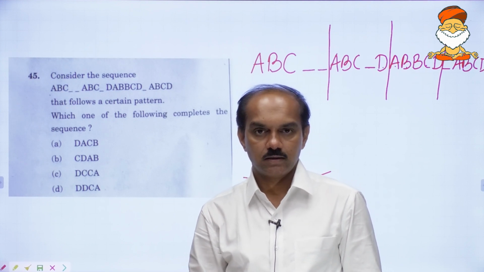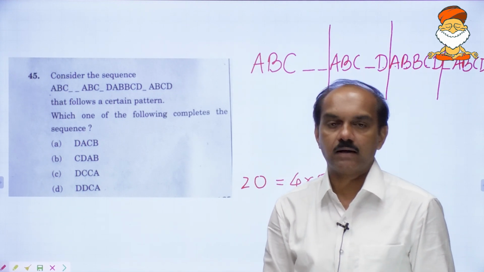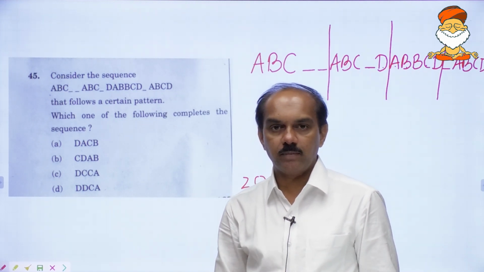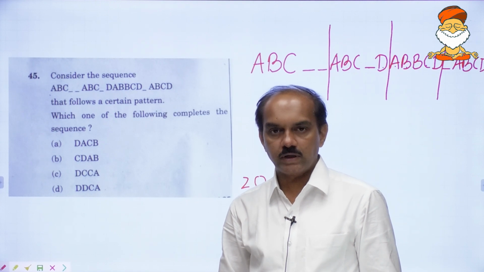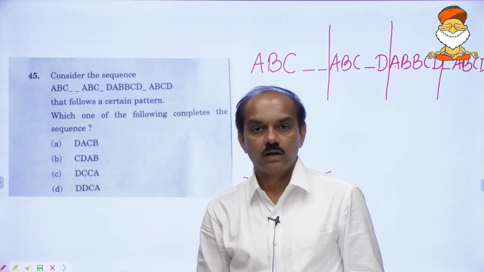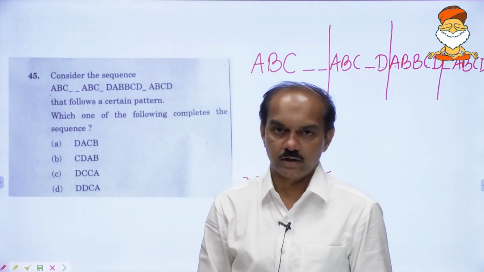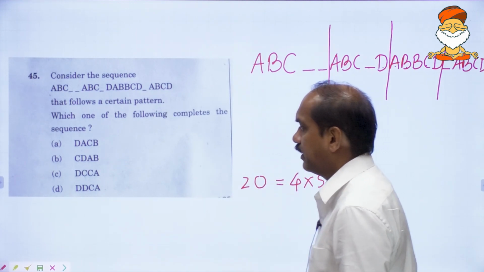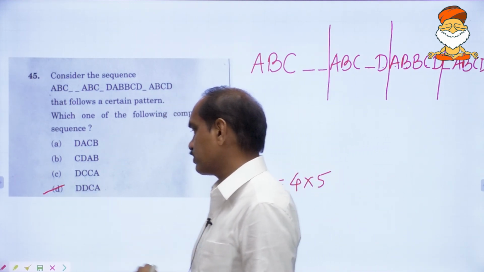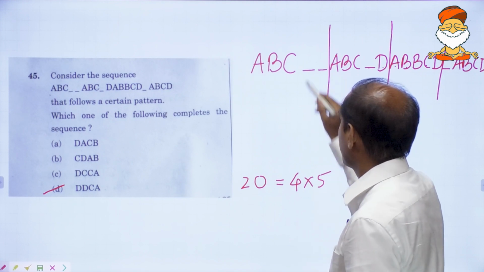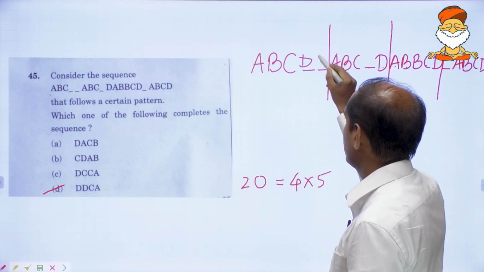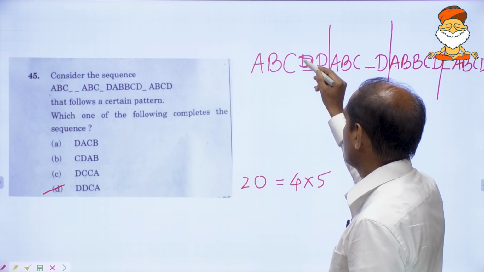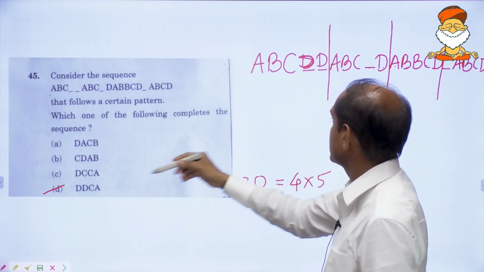Once you get the particular pattern, it can be any pattern, and if you get to see any particular pattern, then that option should be marked. Okay, go with that option. Now let me check the last option, DDCA. Now I will be filling up DDCA.